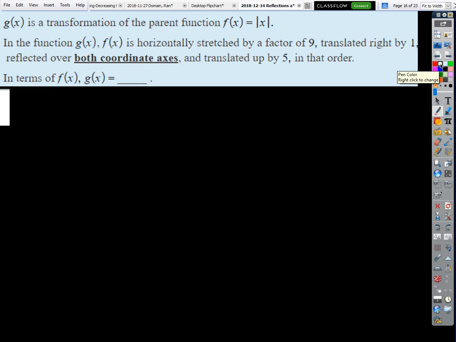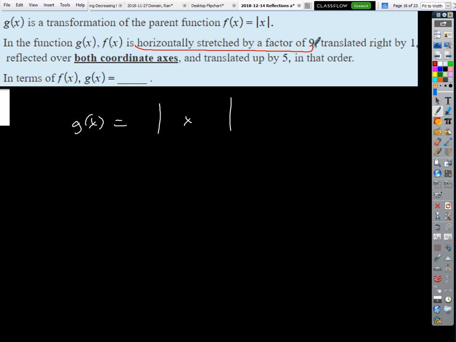Okay, so let's start off with our absolute value of x. What are we going to do here? What's maybe one thing, Kendra, let's do the first thing. We want to horizontally stretch by a factor of 9.